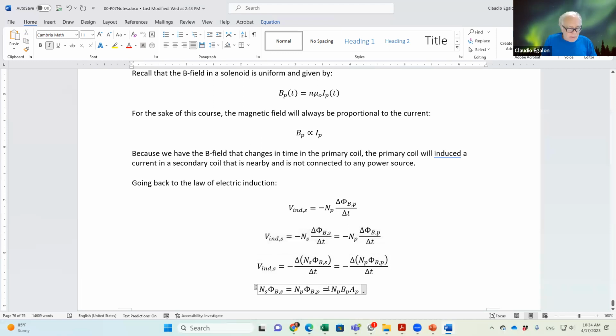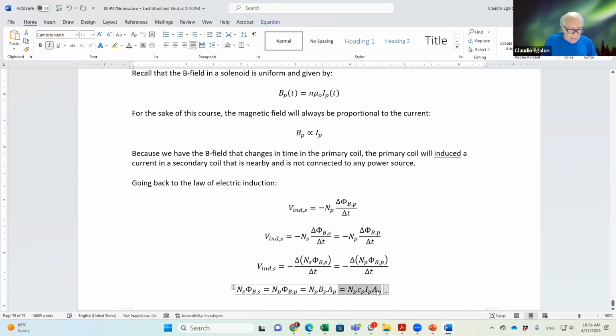But the B of the primary is always equal to a geometrical parameter of the inductor times a current. That's what you have right here. I'm going to put it here, C of the primary, and I of the primary, like that.